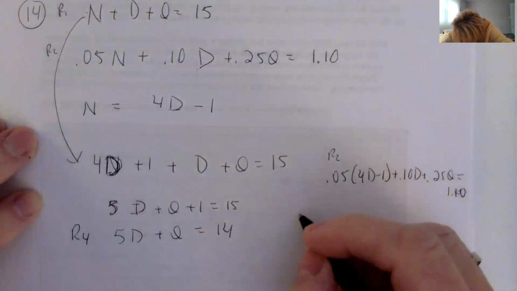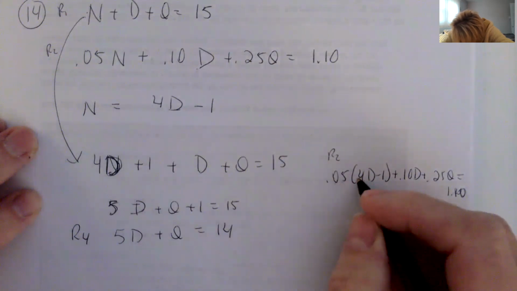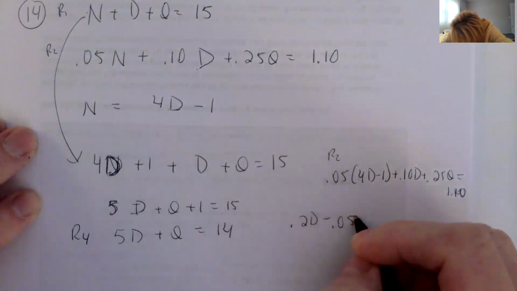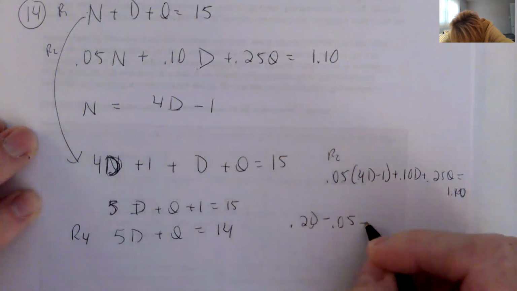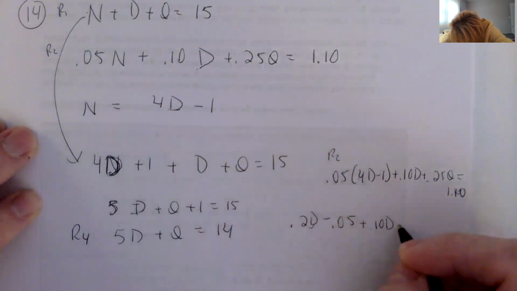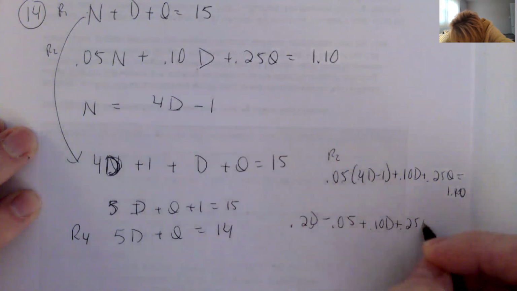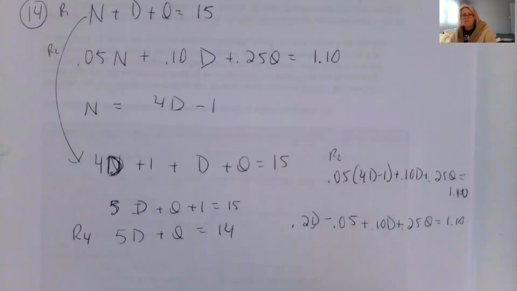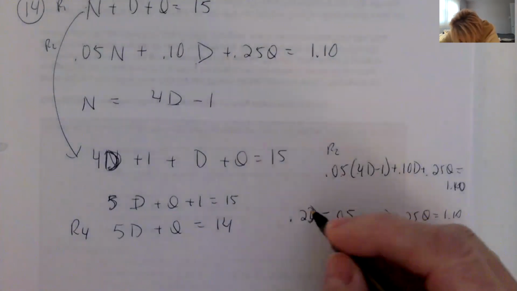So this is 0.05 times 4 is 0.2D minus 0.05 plus 0.10D plus 0.25Q equals $1.10.